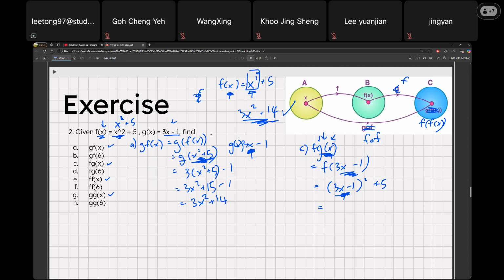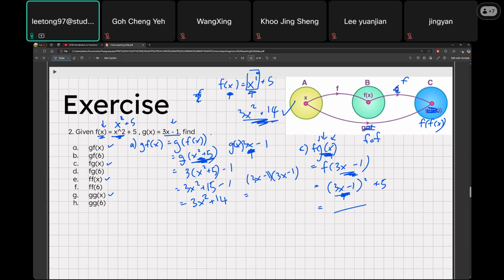So what do we get here? If you're not fast with your calculation, you can write them out, or if you are very fast, you can go straight to the answer.